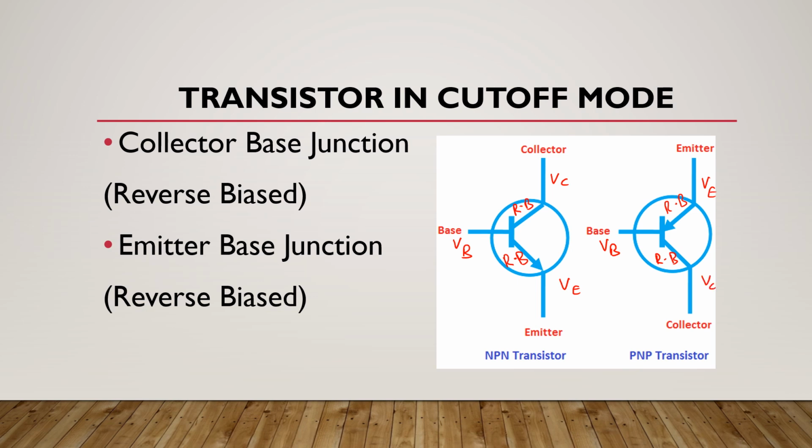So in case of an NPN transistor, the condition would be VB is less than VE and VB is less than VC, and in case of PNP, VE is less than VB and VC is less than VB.